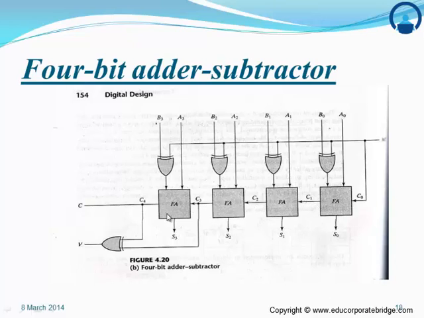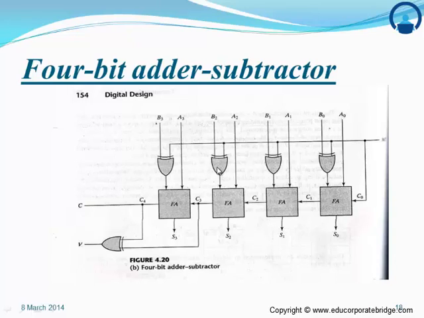Now, as these are the XOR gates, we know the XOR gate works as a buffer if one input is 0, and the XOR gate works as an inverter if one input is 1.